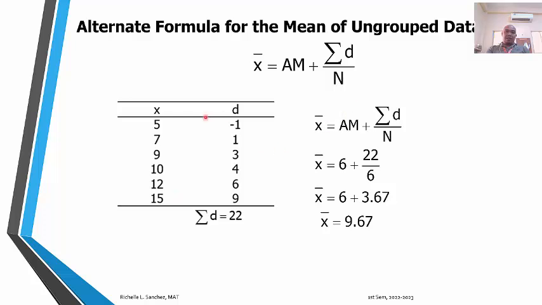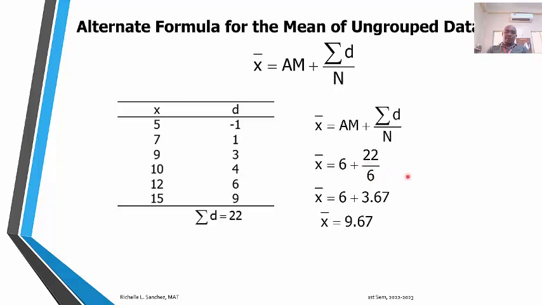And then in our formula, we have to add all the d's. So adding the d, we have the summation of d is equal to 22. Therefore, we are going to plug into our formula our assumed mean 6, and then the sum of d, which is 22, divided by 6.